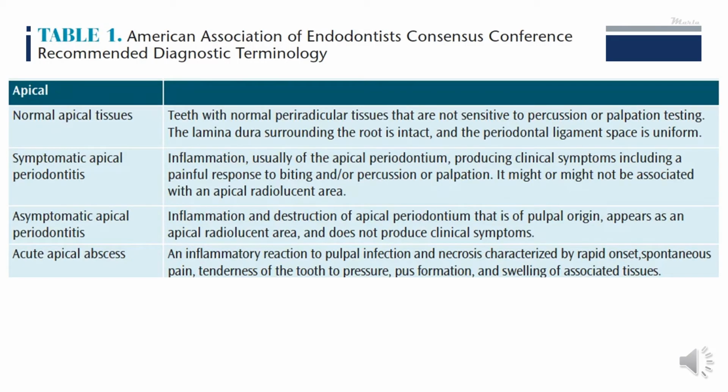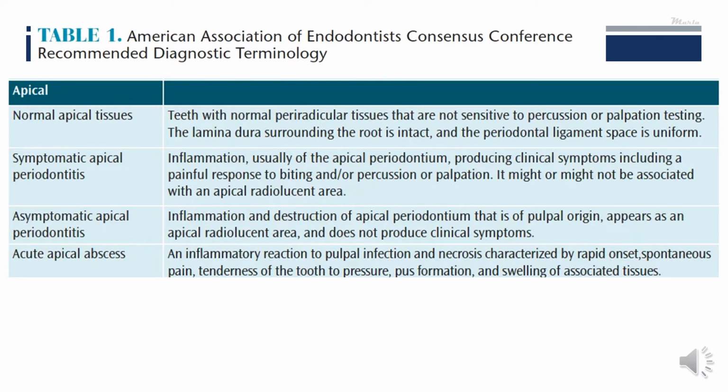The American Association of Endodontists has given the various terminologies for the routinely encountered periapical pathologies. If there is no inflammation in the periapical area, it is designated as normal apical tissue. Inflammation in the periapical area can be further classified as symptomatic apical periodontitis and asymptomatic apical periodontitis.